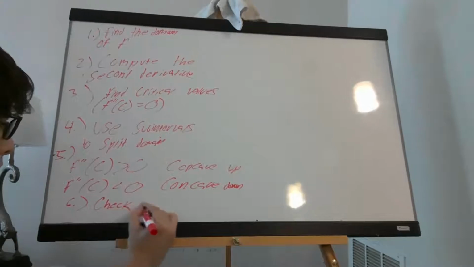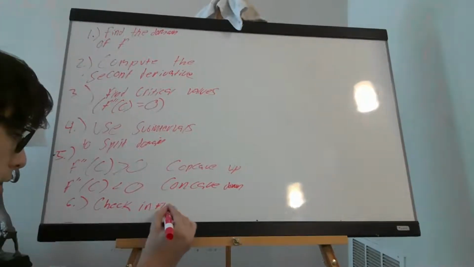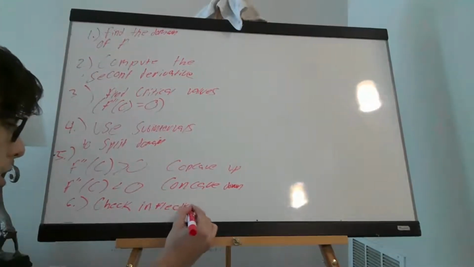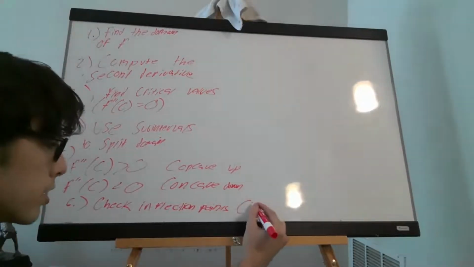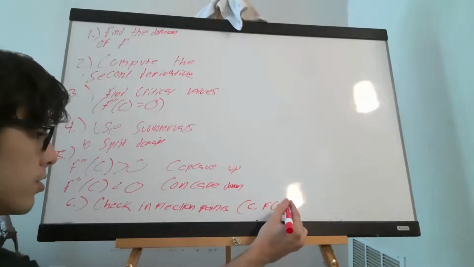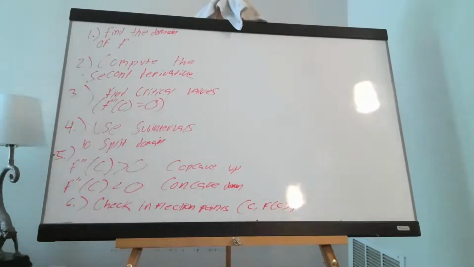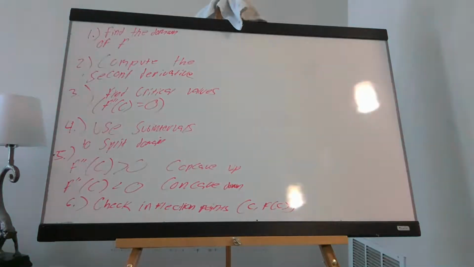Check inflection points, and we'll use c, f of c. Okay, I'm just going through a quick rundown of that because this stuff should be pretty straightforward. I mean, you guys have done a lot of these types of problems at this point in the semester.